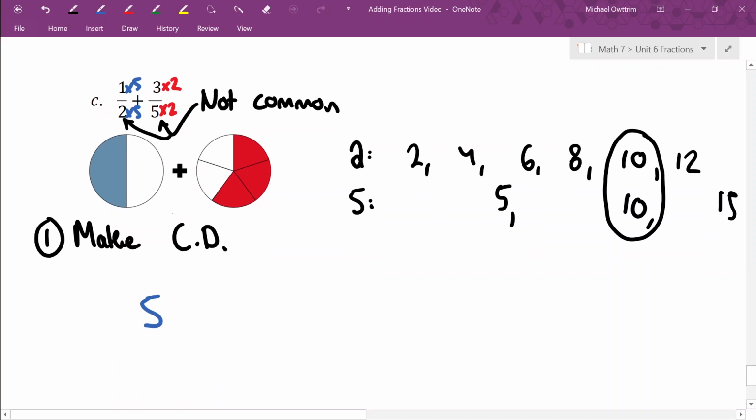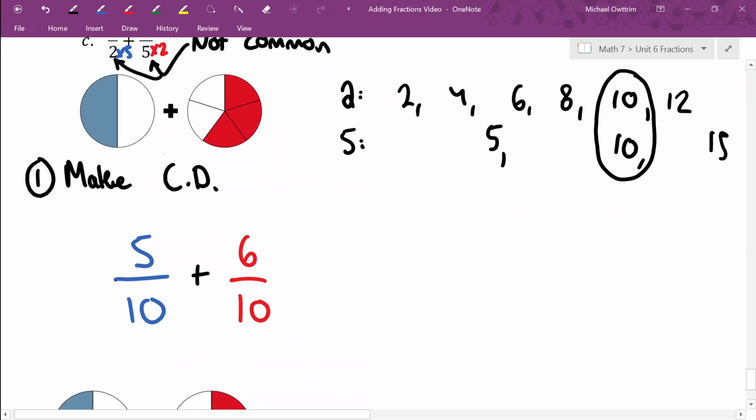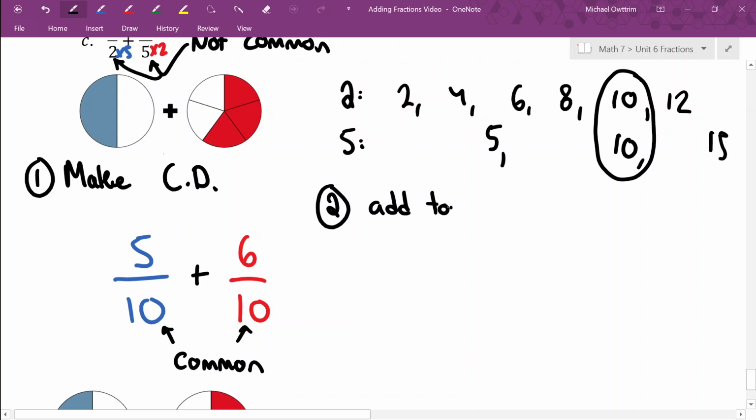5 times 1 is 5, and 2 times 5 is 10. 3 times 2 is 6, and 5 times 2 is 10. Notice that, again, we now have our common numbers on the bottom. Let's use black for that. Let's go ahead then and do step 2, which is to add the tops.